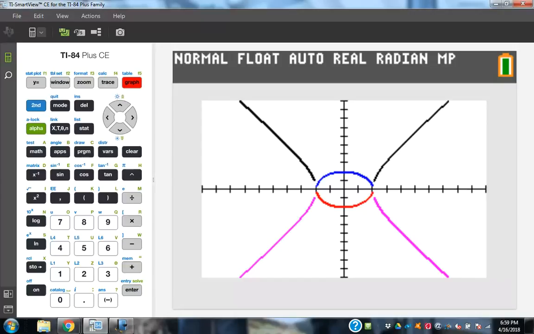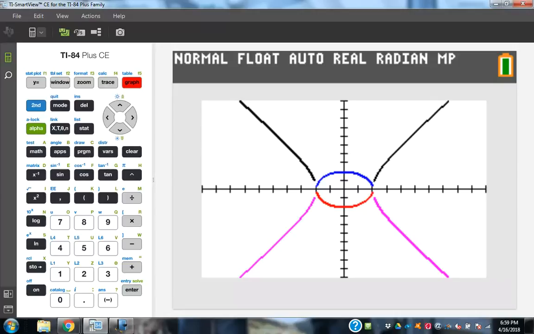What's happening is what this shape is called is a hyperbola, not a hyperbole like you would use in English, but a hyperbola, and it makes that shape. And what's happening is it's intersecting right there, right on the x-axis. We found that algebraically.